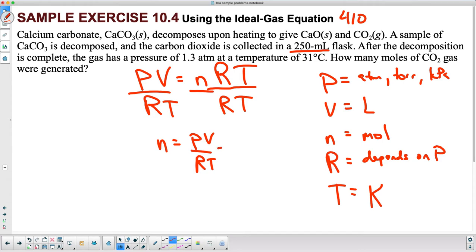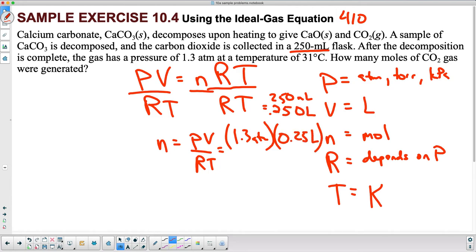Once I get to that point there, I start to plug in the information that I have. My pressure is 1.3 atmospheres. My volume is 250 milliliters, which equals 0.25 liters, like that.